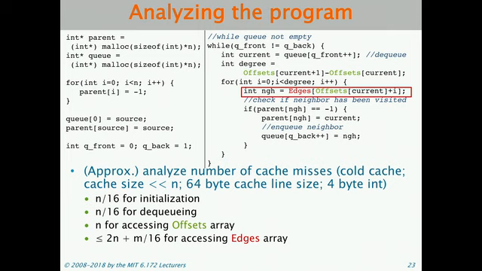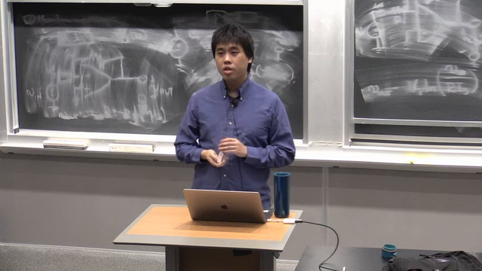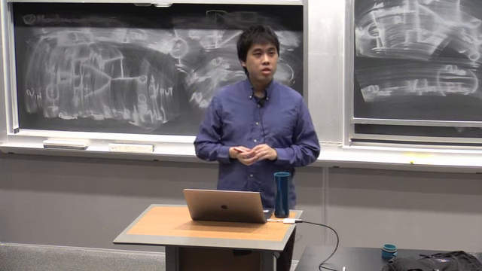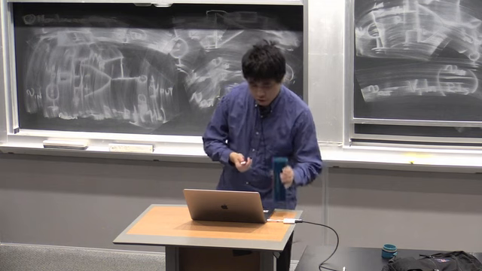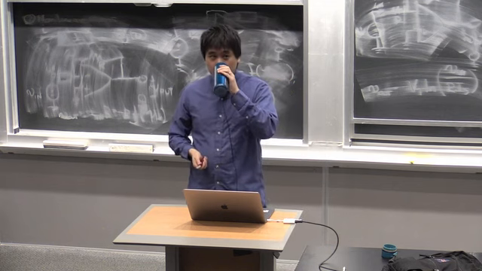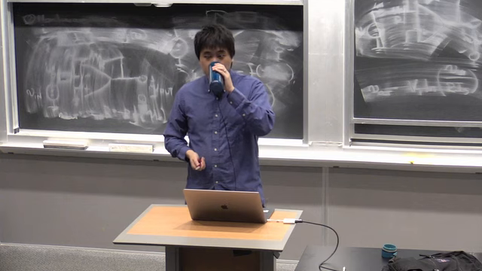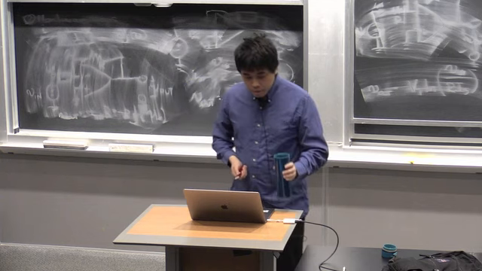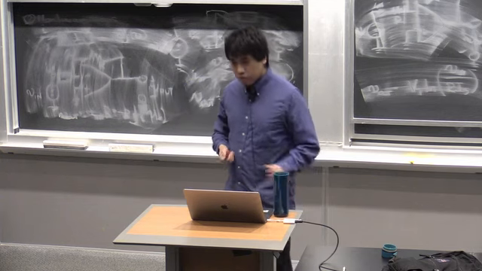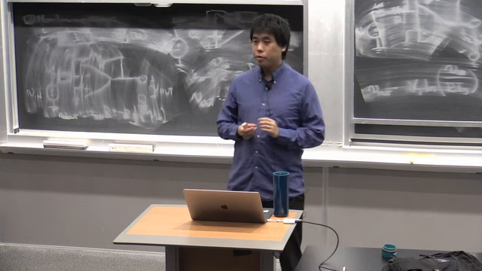And then to access this edges array, I claim that we're going to need at most 2n plus m over 16 cache misses. So does anyone see where that bound comes from? So where does the m over 16 come from?